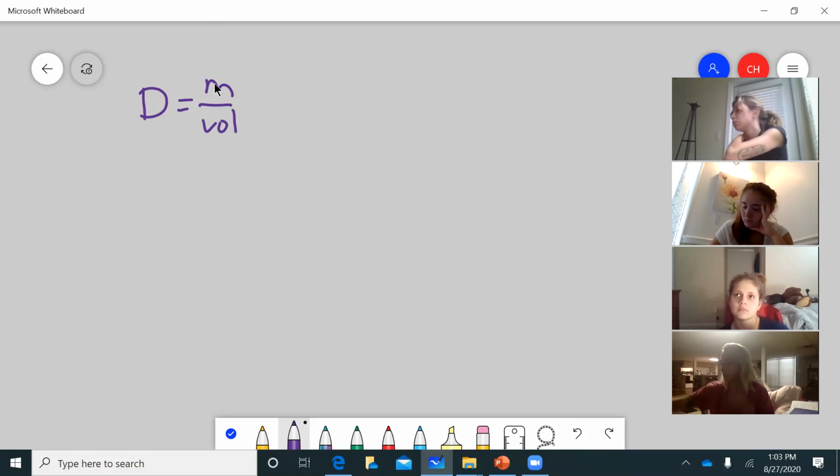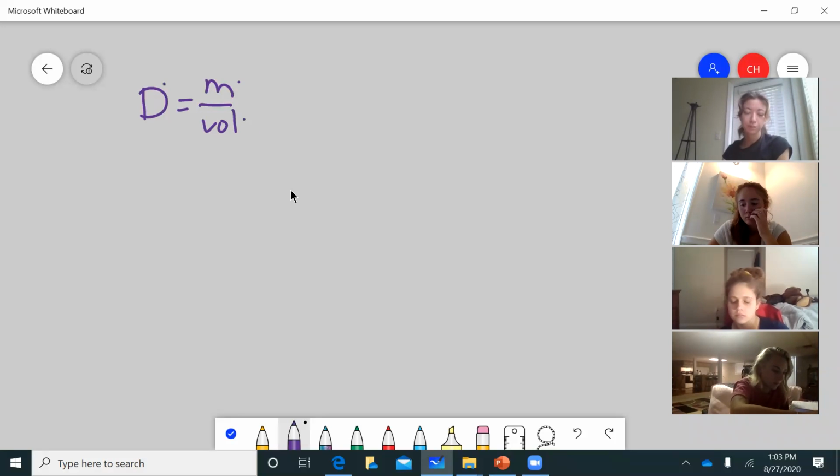There are three variables in this equation. So you would always be given two of the variables and have to solve for the third. I could give you mass and volume and I want you to find density. I could give you density and have you find mass, or I could give you density and mass and have you find volume, or vice versa.